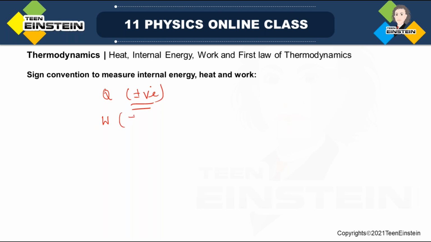Similarly, how to take work positive or negative, how to take U positive or negative. There is some common sense to this. Based on common sense, there are certain conventions, not laws, certain conventions. So heat absorbed by a system is positive.